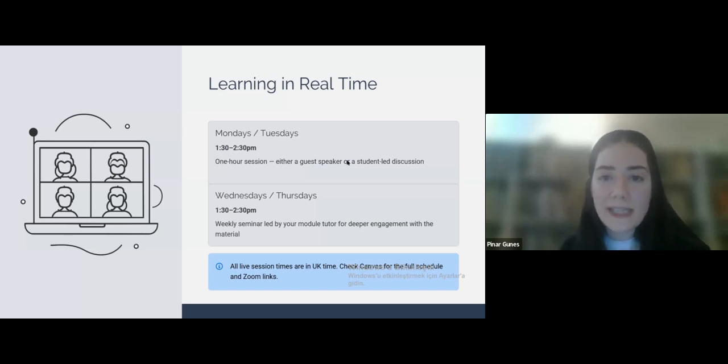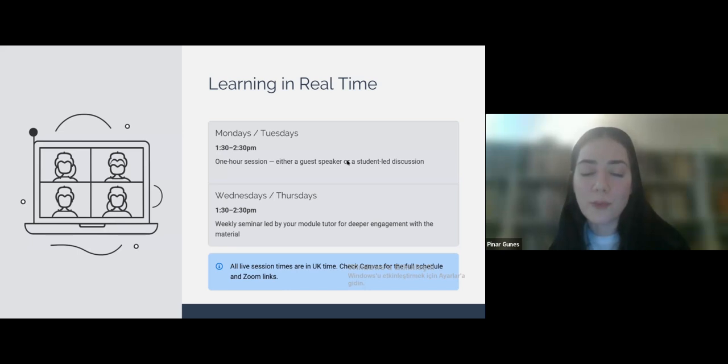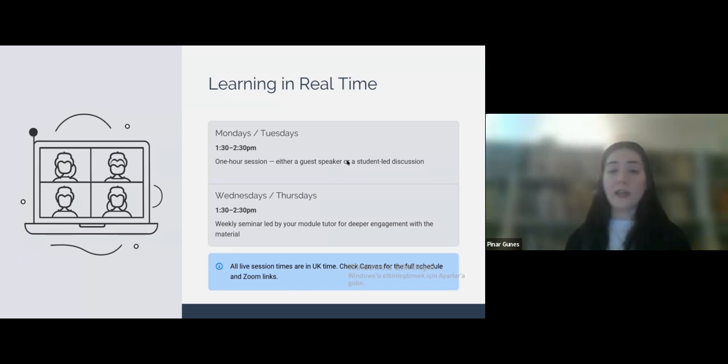So on Mondays and Tuesdays, as we will have 2 modules this semester, we have a 1-hour session where we either invite a guest speaker or else this is a student-led discussion, which means that the tutor, the module convener, is not present. So it's only for the students, where the students can engage in discussions among themselves without the tutor being present. And on Wednesdays and Thursdays, for example, for module 1 Wednesdays and for module 2 Thursdays.